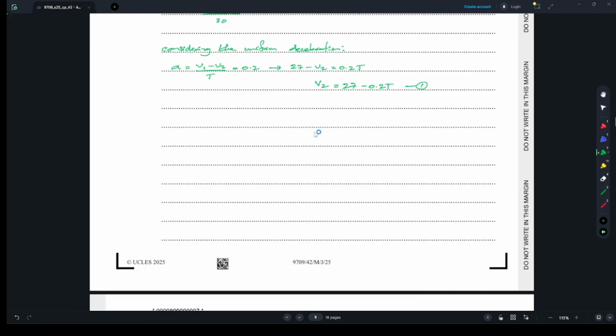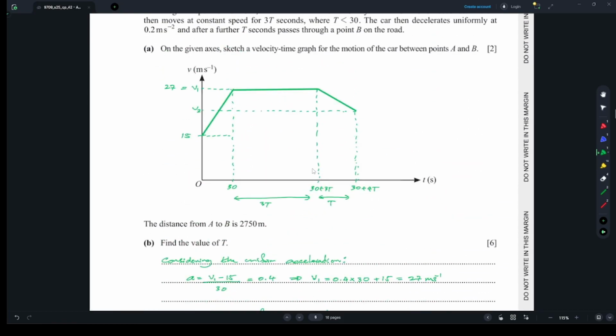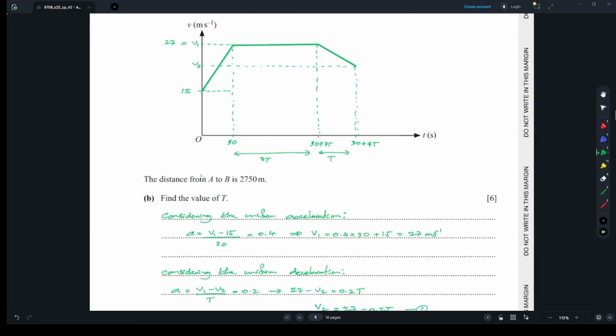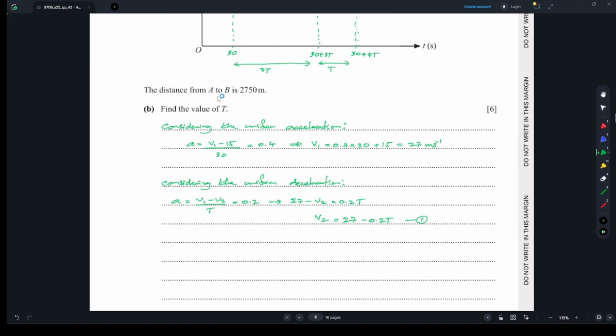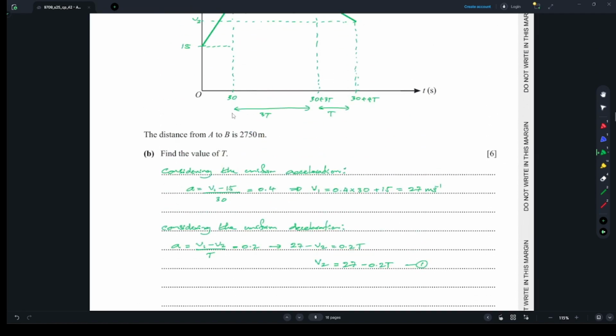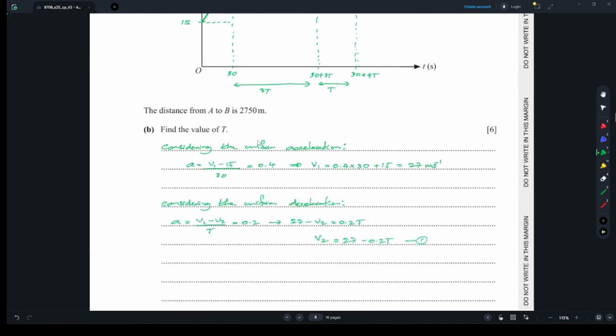So we have all the information, and now we can consider the distance traveled. We know that in this graph, the distance traveled, in this case the distance from A to B, is given by the area under the graph.